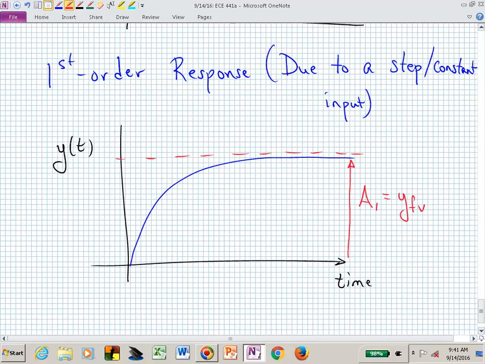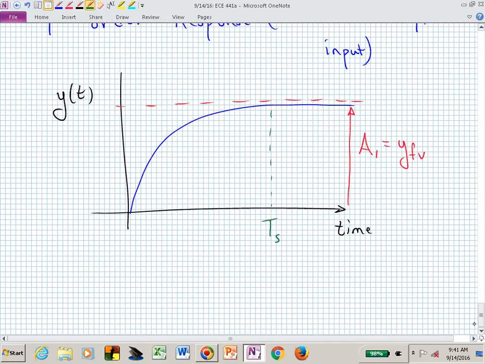And now you can say, oh, well, let's get within 1% of my final value, and that would be our settling time, a 5 time constant settling time. We might say then that that's occurring right here. That's now t sub s, and that particular length of time is 5 tau for a 1% settling time.